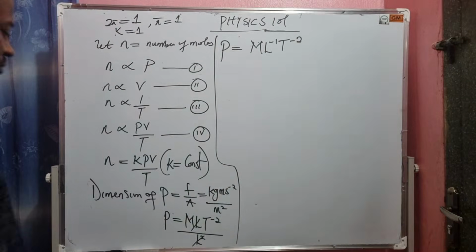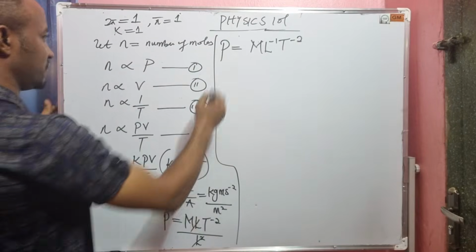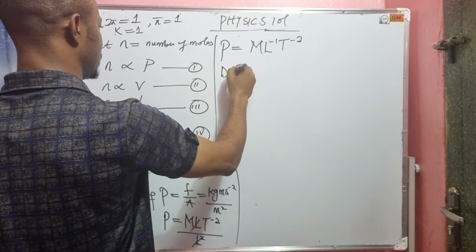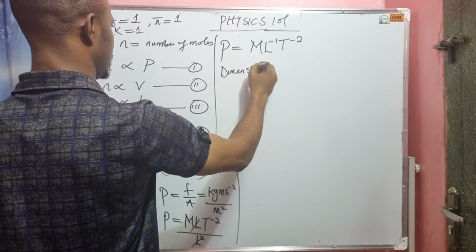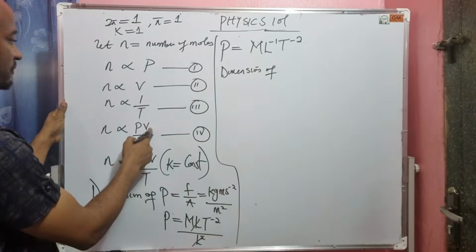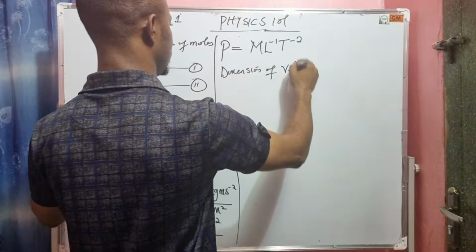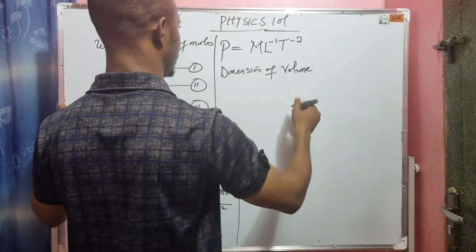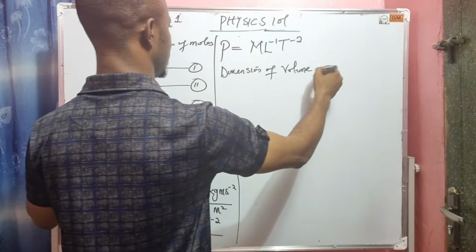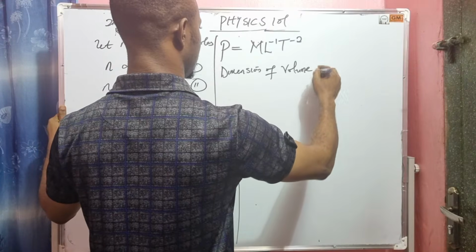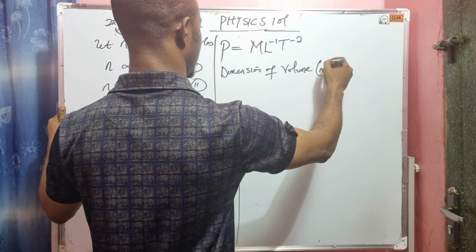So let's move on. The next is to find the dimension of volume, because V represents volume. Volume is a meter cube.